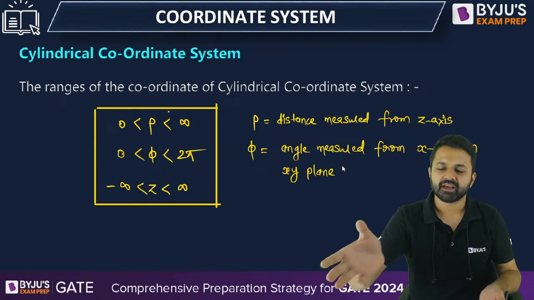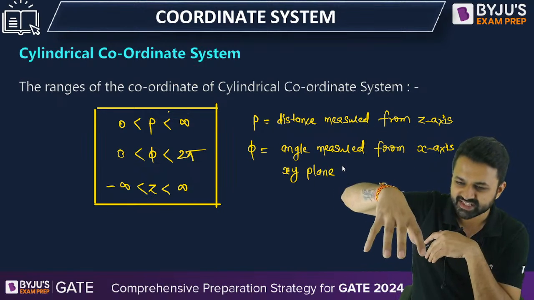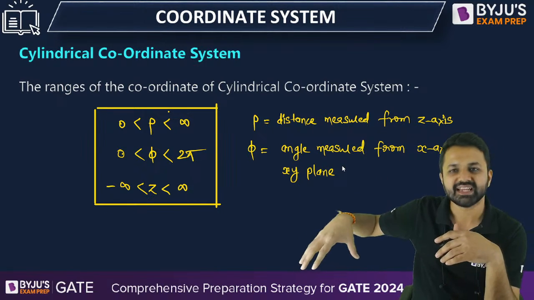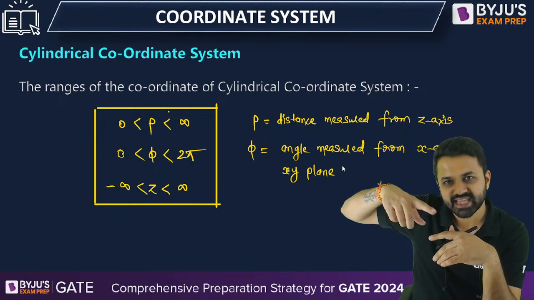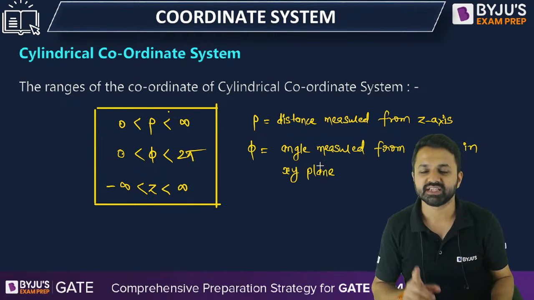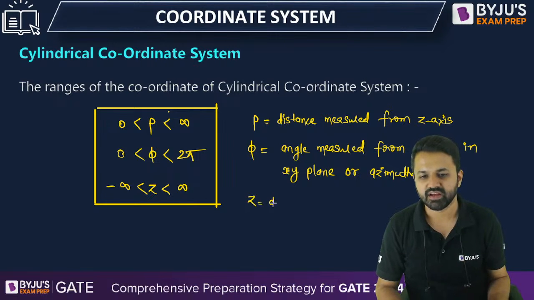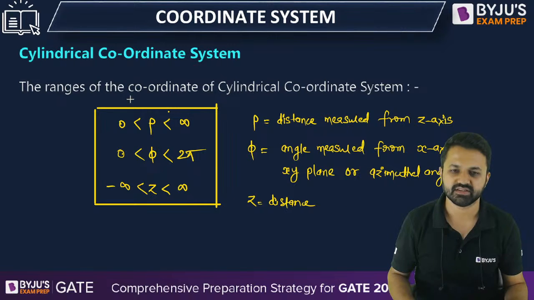We actually measure the angle where this bottle is placed. Suppose you put a cylinder on the floor, then you measure the angle on the floor. That angle is also known as the azimuthal angle, and z is the simple distance which we measure in the vertical direction.